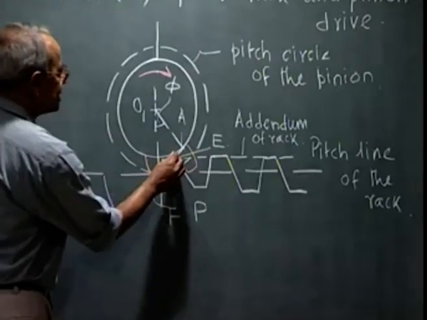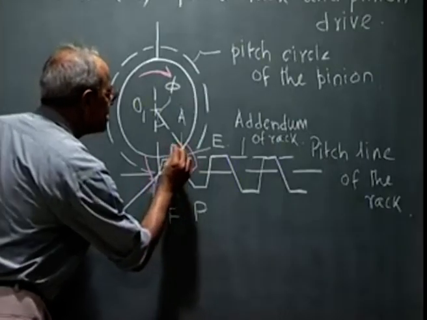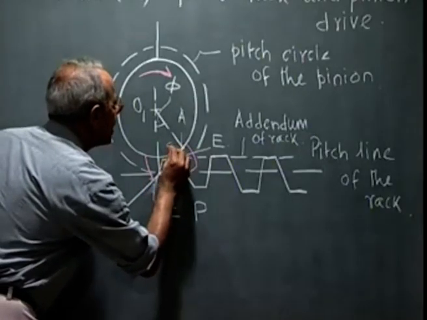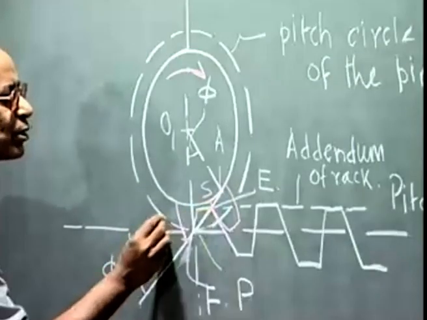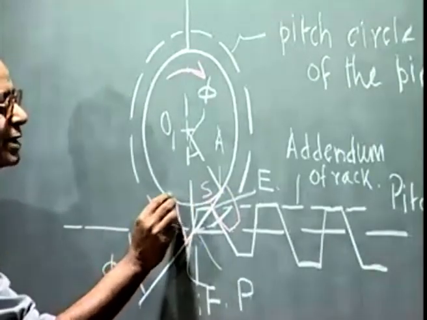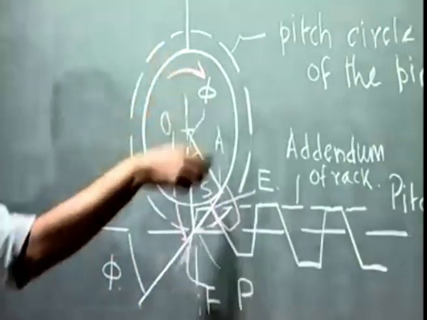Now how much is the movement of this tooth measured along the base circle? Let me call this point S, this point on the base circle, and the tooth has rotated and the movement along the base circle is from S to T. This is due to the rotation of the gear.